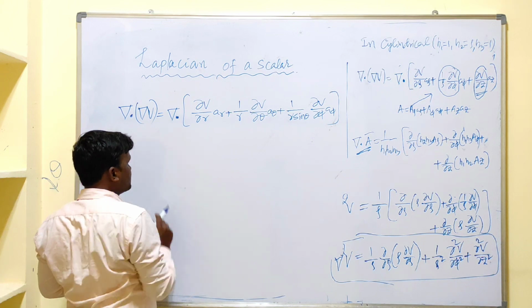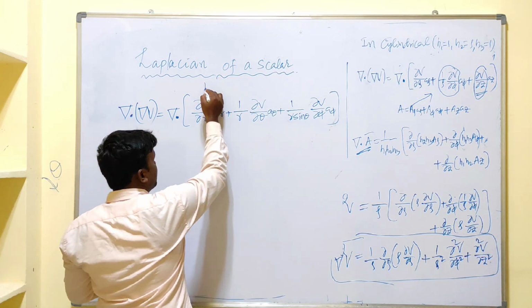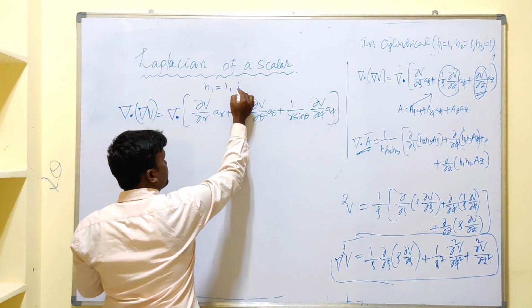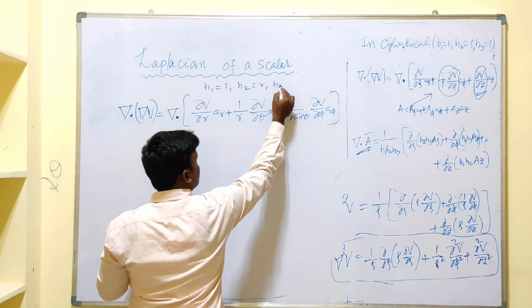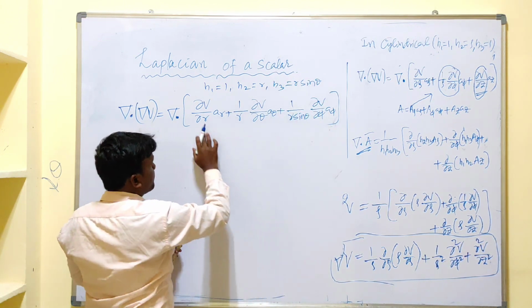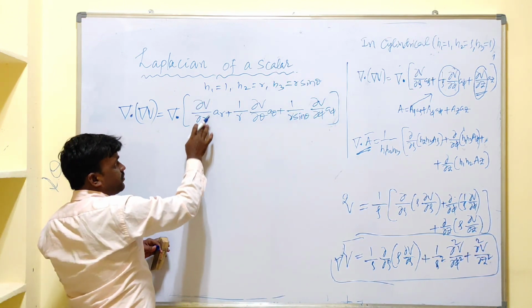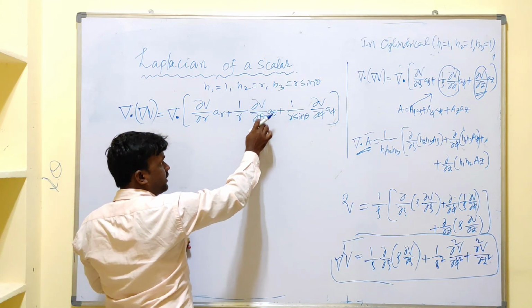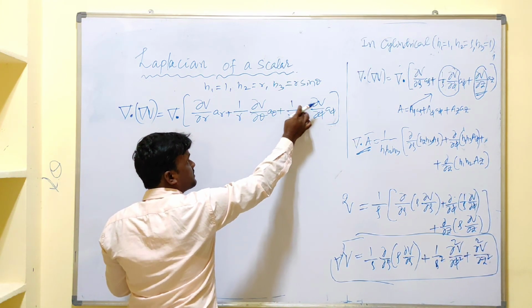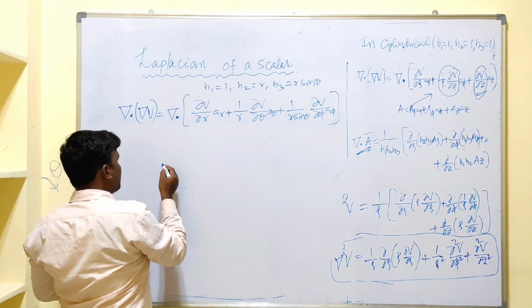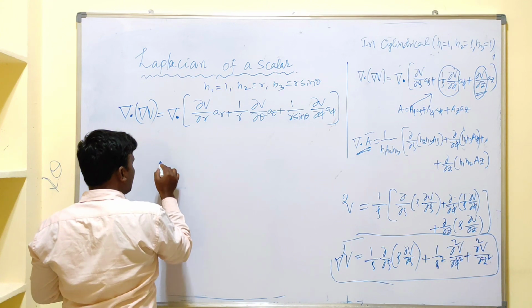Now apply this one. So before applying this, we have to write H1 as 1, H2 is r, and H3 is r sin theta. If you know these things, you can easily write this gradient formula, that is 1 by H1 ∂V/∂r a r, 1 by H2 means 1 by r ∂V/∂theta a theta, 1 by H3 means 1 by r sin theta ∂V/∂phi a phi. Now the divergence formula, we know the divergence formula is nothing but what?